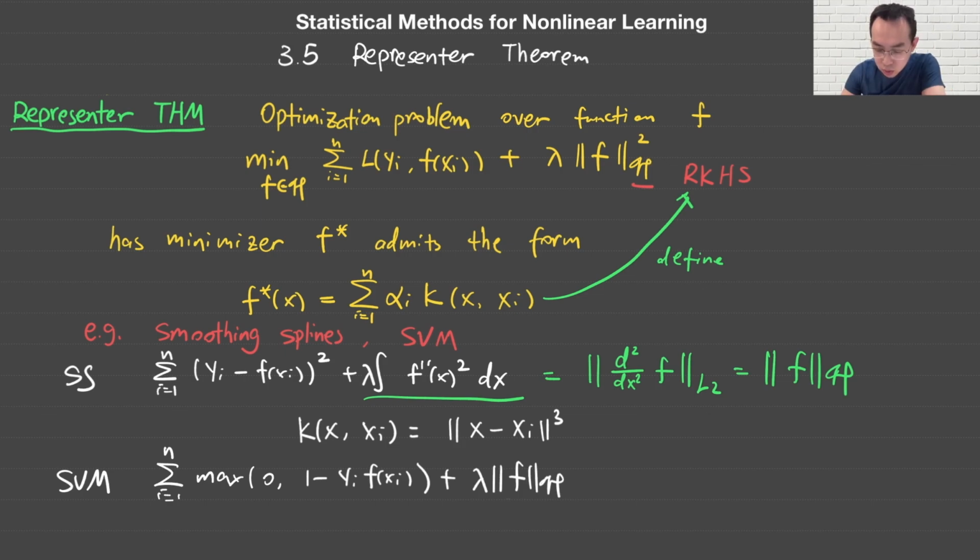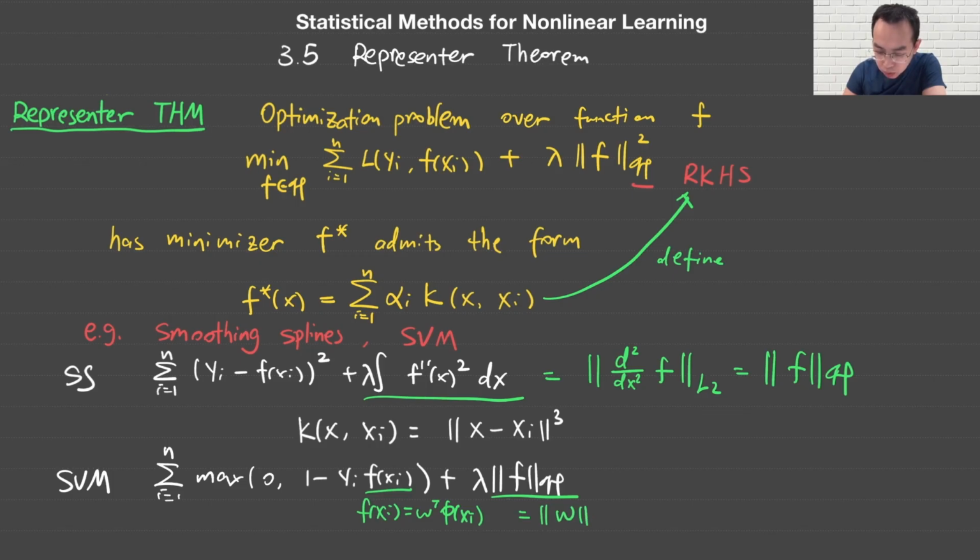So recall that in our SVM video, this f function here is defined in the feature space as W transpose phi of x_i. Then this Hilbert norm here is defined simply as the Euclidean norm for this W vector, right?